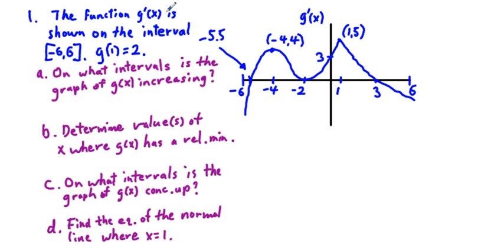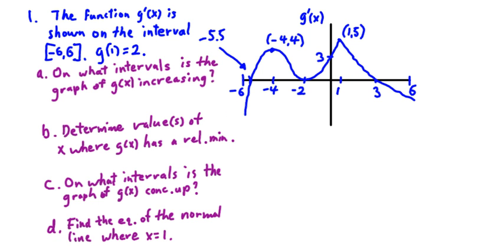The function g prime of x is shown on the closed interval -6 to 6, and gives g of 1. So the function g for an input of 1 has an output of 2. And this graph here is of the first derivative of the function g of x, g prime of x.